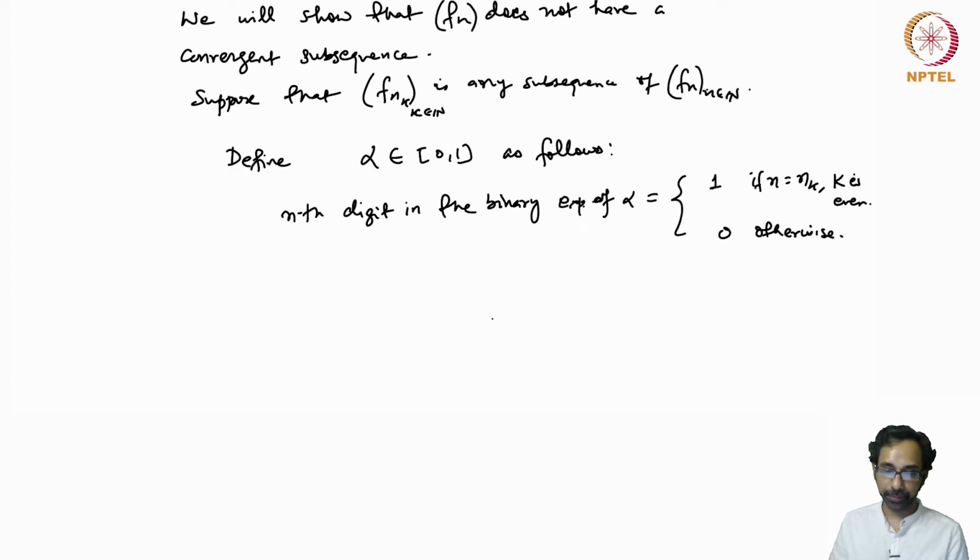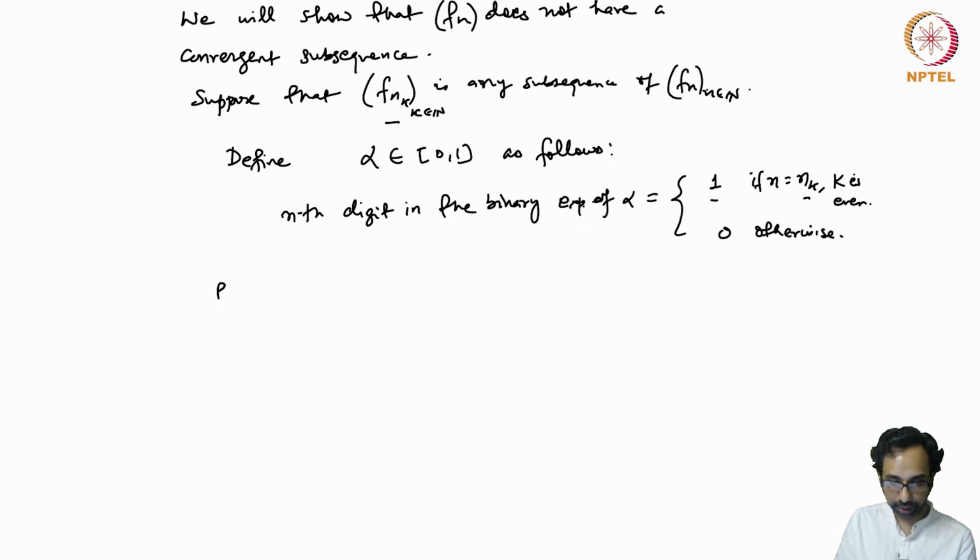So we have chosen a subsequence, and with this sequence of indices n_k, we have defined alpha, which has 1 in the n_k-th digit if k is even, and it is 0 otherwise.